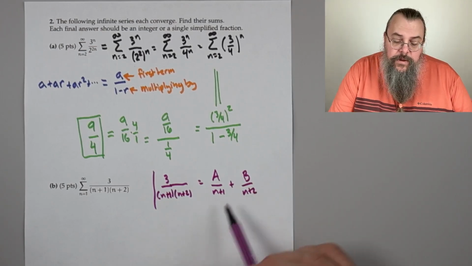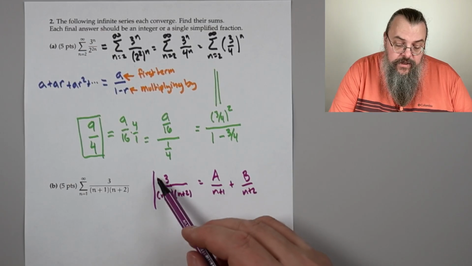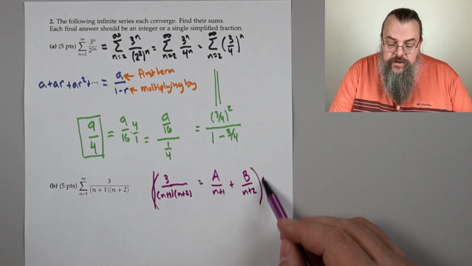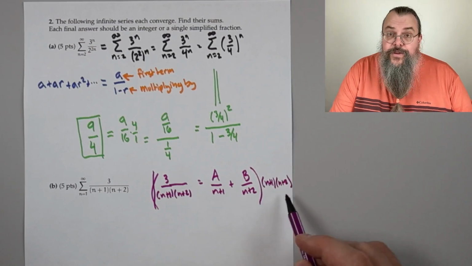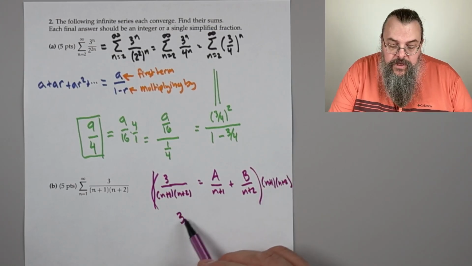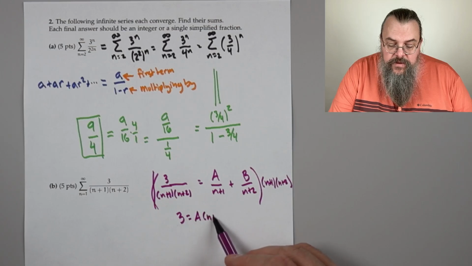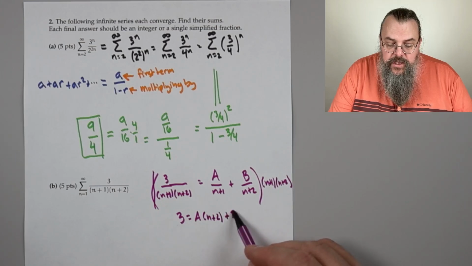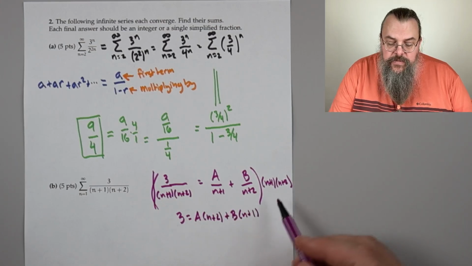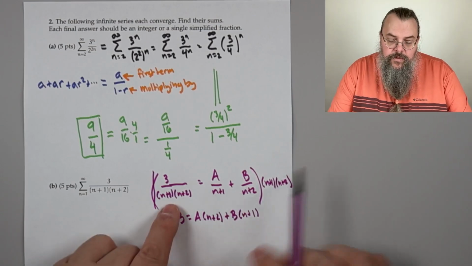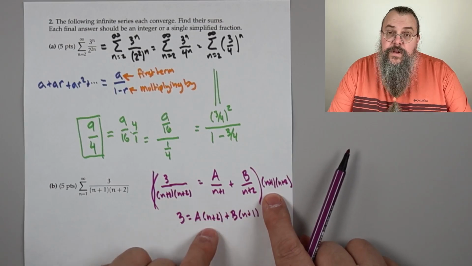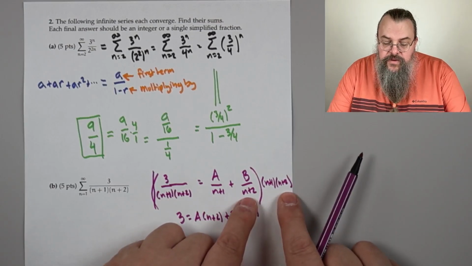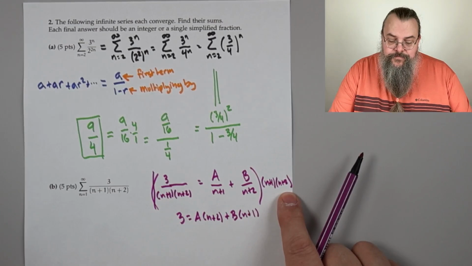And now we just have to figure out what a and b are. So clear your denominators. Once you have the form, multiply through so there's no denominator. 3 is a times (n plus 2) plus b times (n plus 1), right? Because we completely cleared out the denominator there. The n plus 1's cancel, leaving an n plus 2. The n plus 2's cancel, leaving n plus 1.